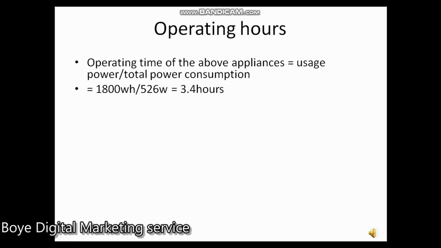To use 75% of the power, it will take you 3.4 hours. And what this means is that you are not charging the battery. Maybe there is no sun, or for example in the night the battery is not charged. It means it will take you about 4 hours.